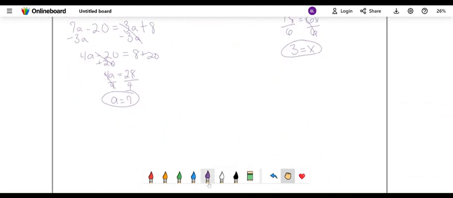Okay, I want you to try one of these, but I actually won't tell you the answer. So you have to check it on the internet to figure out the right answer. So try this.